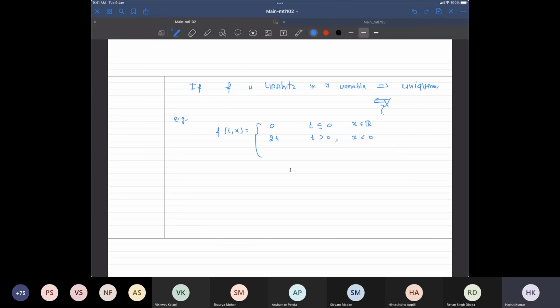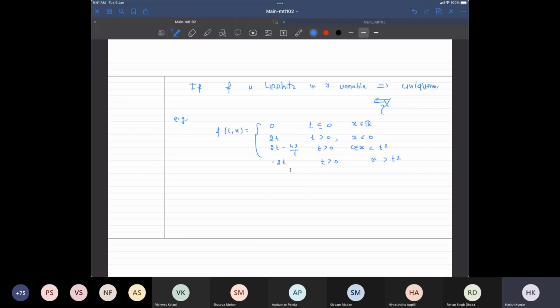Then it is 2t minus 4x/t if t is positive but x is greater than or equal to 0 but less than t squared. Basically we are dividing the whole xt space into different regions. And it is 2 minus 2t if t is positive but x is bigger than t squared.